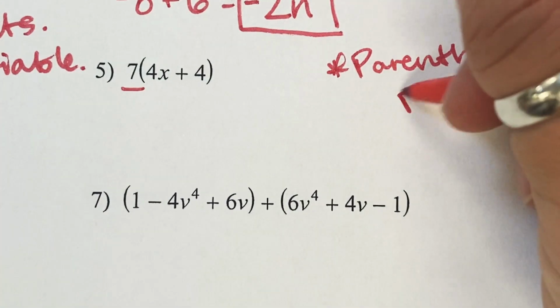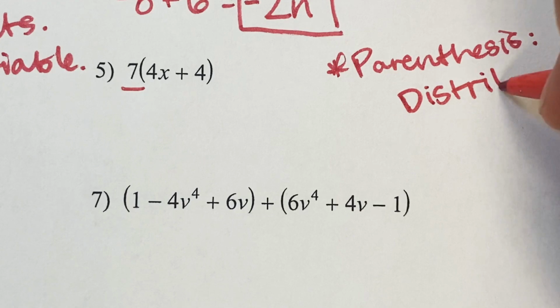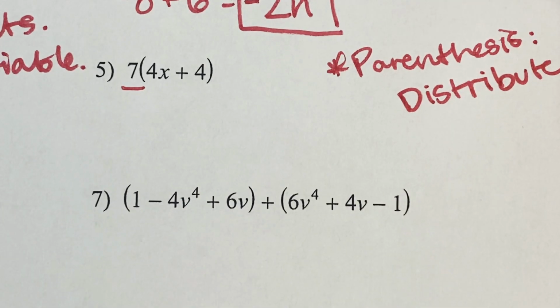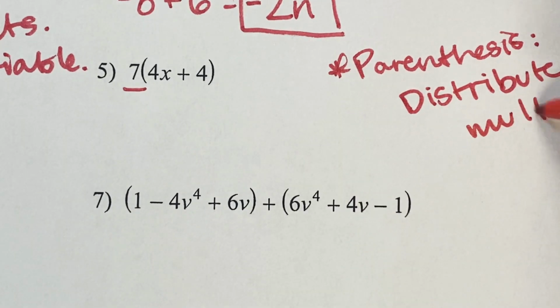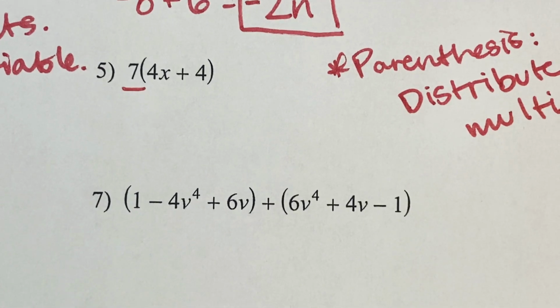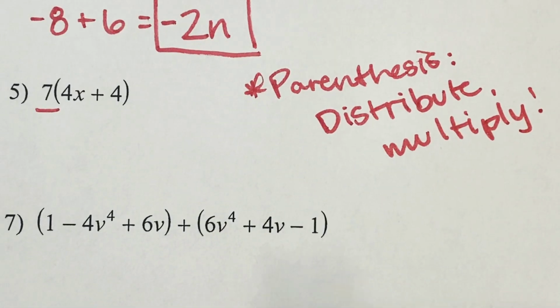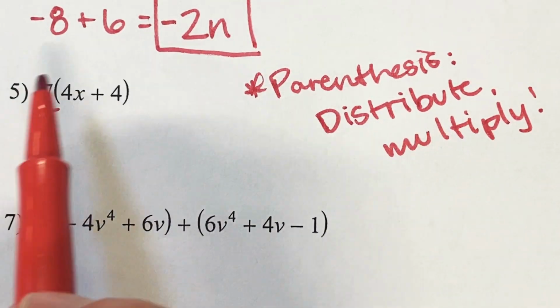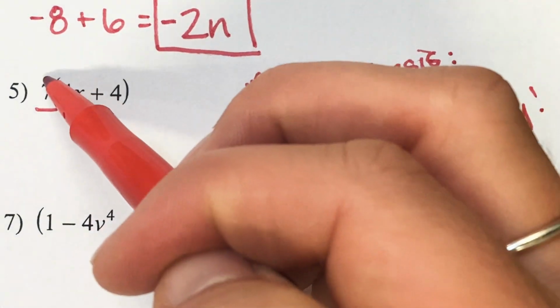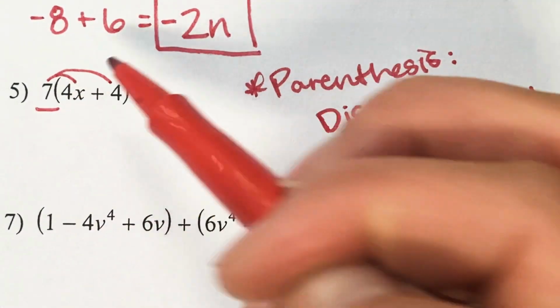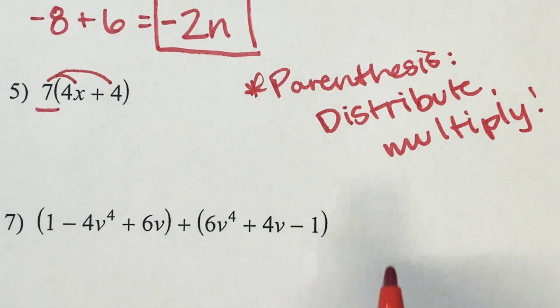Okay, we need to distribute, or in other words, multiply. Okay, it has to distribute to everything inside, meaning this 7 has to be distributed to both terms. Okay, when we distribute it, we are multiplying it.